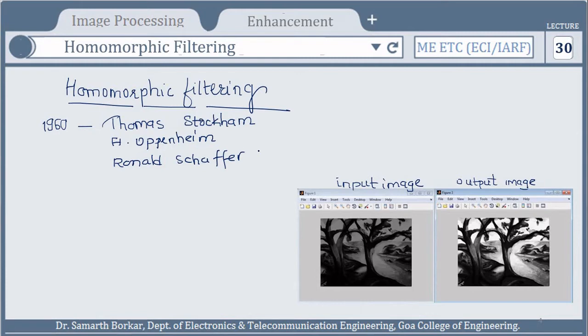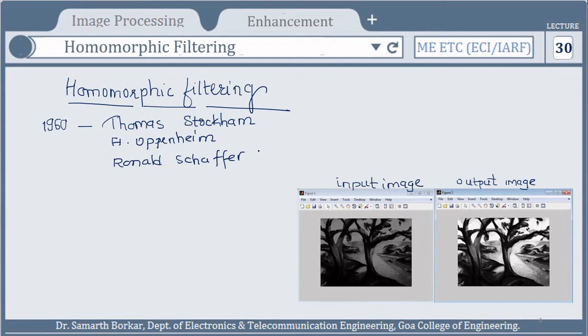To make the illumination of an image more even, the high frequency components are increased and the low frequency components are decreased, because the high frequency components are assumed to represent mostly the reflectance in the scene, that is, the amount of light reflected off the object, whereas the low frequency components are assumed to represent mostly illumination in the scene. That is, high pass filtering is used to suppress low frequencies and amplify high frequencies in the log intensity domain.